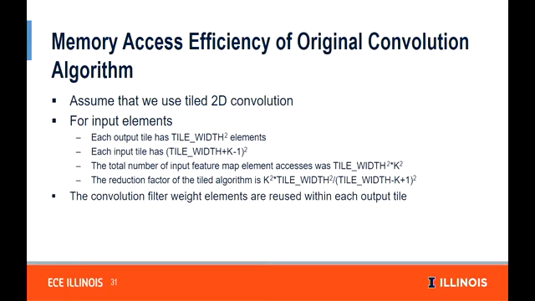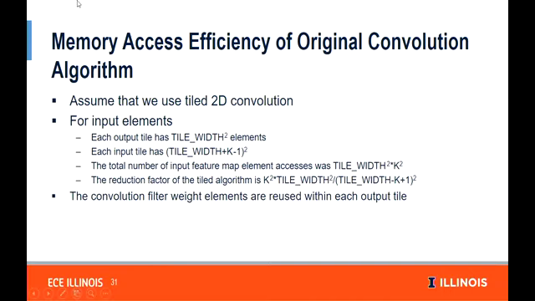So assume that we use the tiled 2D convolution for the input elements. We already calculated the tiled matrix multiplication memory bandwidth in one of the previous lectures, and you have already taken some of these MPs and exercises. So this is just a repeat of the calculation for a 2D tiled convolution.